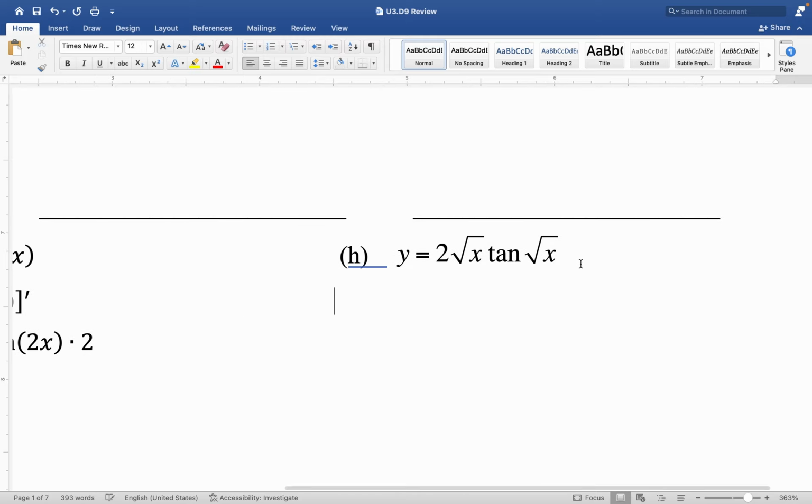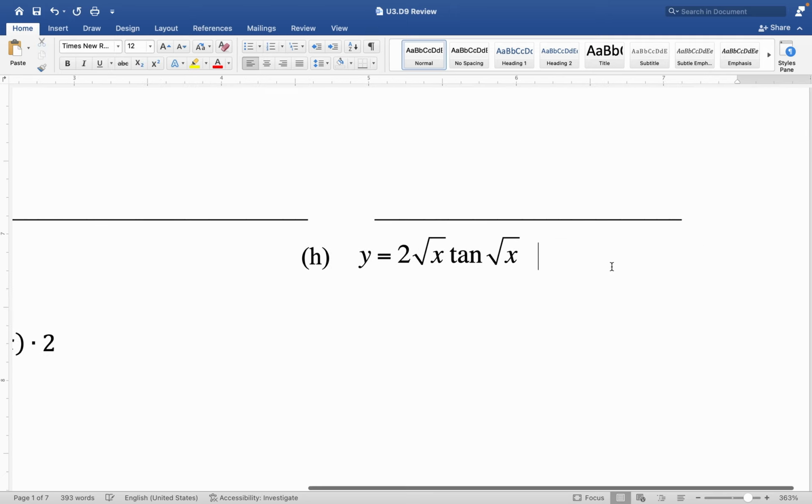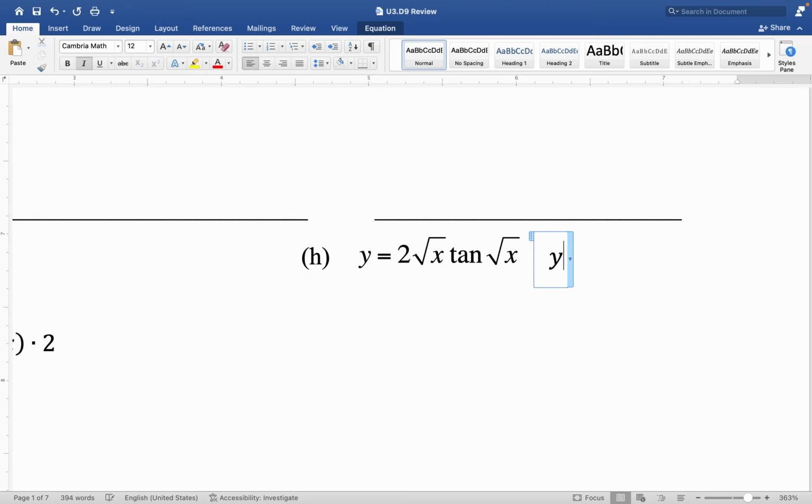Okay, once again, you've got these shenanigans where the tangent function, I want to have some parentheses here, right? Just to be clear, what is going on here?